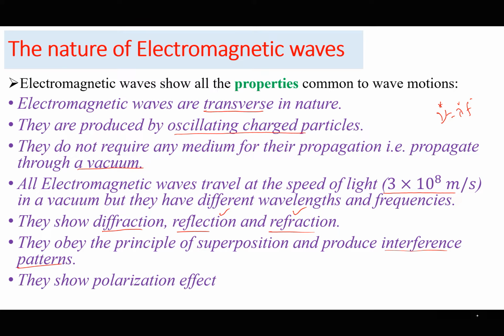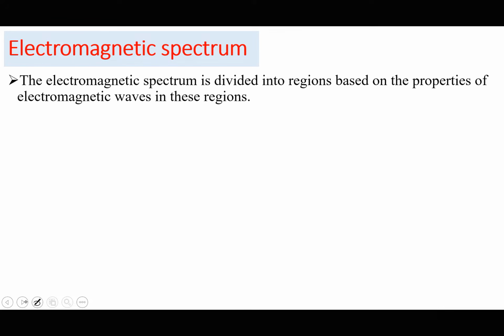So let us now explore the electromagnetic spectrum, having seen the nature of electromagnetic waves as transverse waves, which consist of electric and magnetic fields oscillating perpendicular to each other and perpendicular to the direction of propagation of the wave energy. Of course, we know that the electromagnetic spectrum is divided into 7 regions based on the properties of electromagnetic waves in these regions.